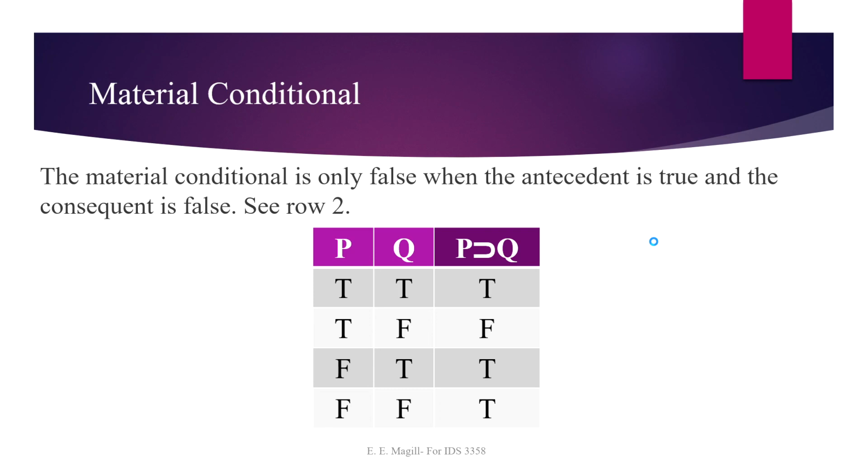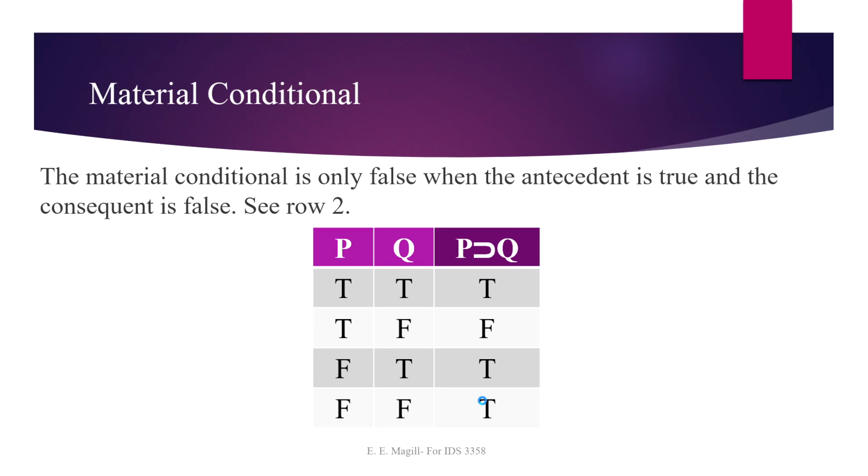On the first row, it's both true that it's raining and it's true that the ground is wet. This seems to confirm the conditional relationship. On the third row, it's not raining, but the ground is wet anyway. That doesn't seem to show that the conditional, if it's raining, then the ground would be wet, is wrong, right? The ground might be wet because I washed my car.